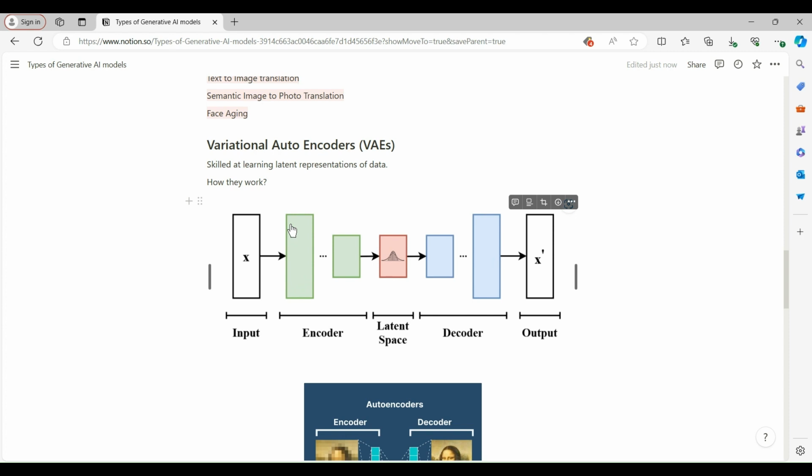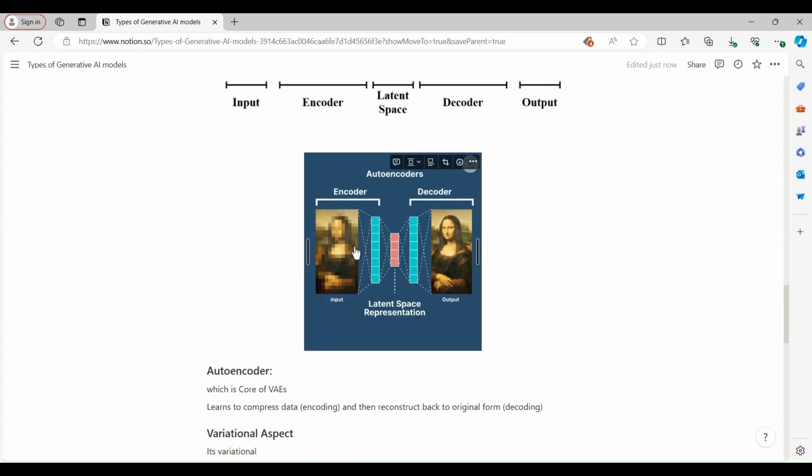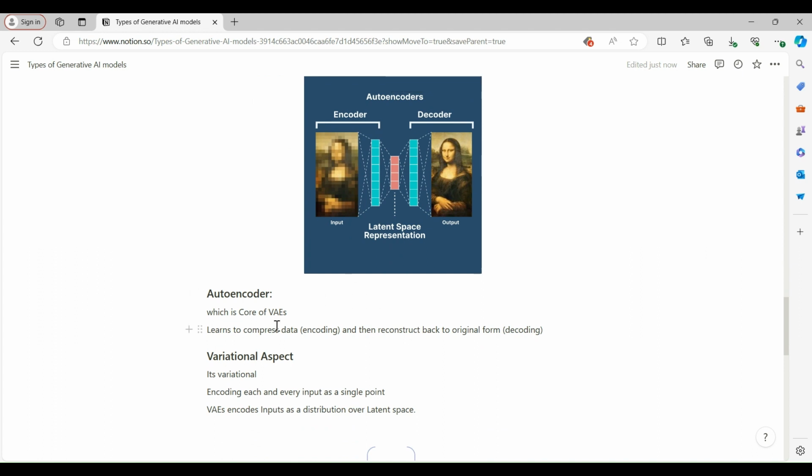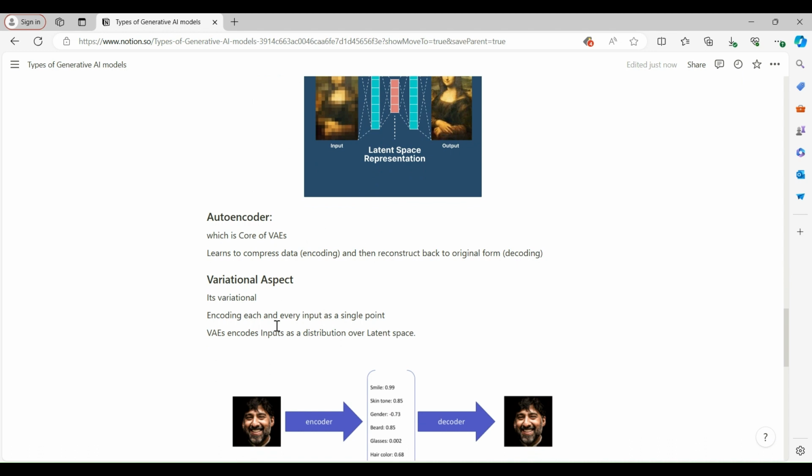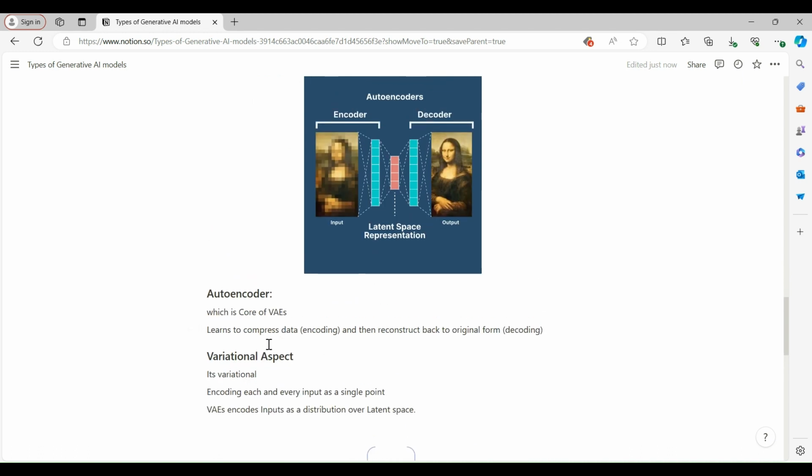Let's look at each of these. What is the encoder? The encoder is the core of a variational autoencoder. It's a neural network that learns to compress data. That is, it encodes data and then reconstructs it back to the original through decoding.